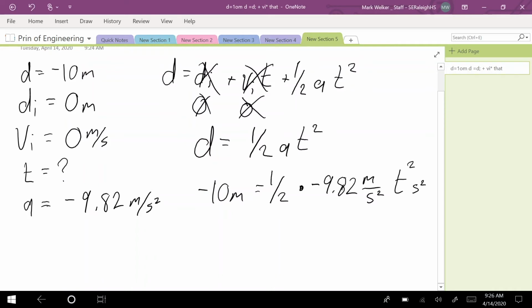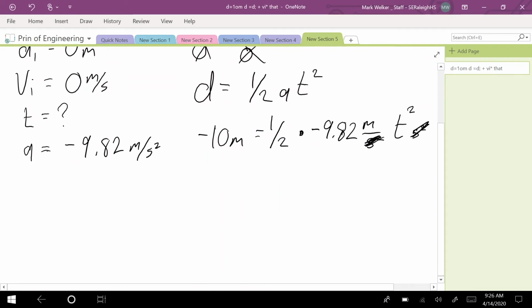So we're going to go ahead, take a moment, clear out our values. We know that negative 9.82 meters per second squared times seconds squared, those units will cancel out. We'll get to the meters in a moment because we multiply both sides by 2.